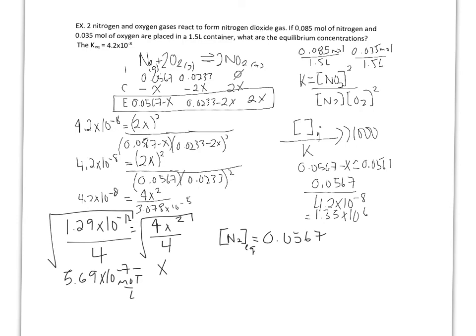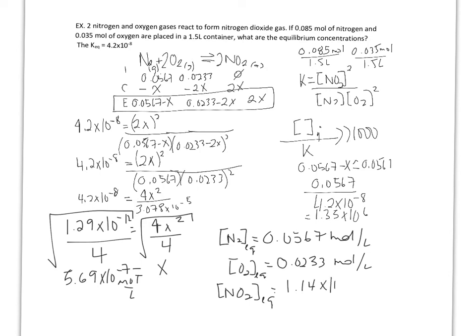Concentration of oxygen is equal to 0.0233, and the concentration of nitrogen dioxide at equilibrium is 2 times x, so that is equal to 1.14 times 10 to the negative 6 moles per liter.